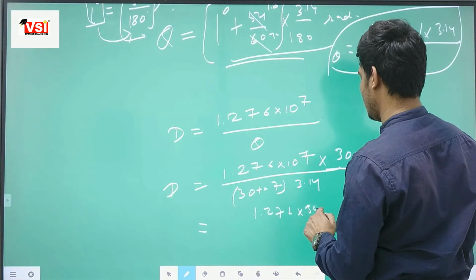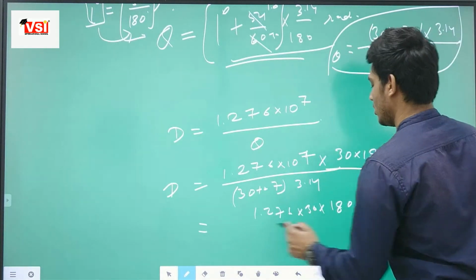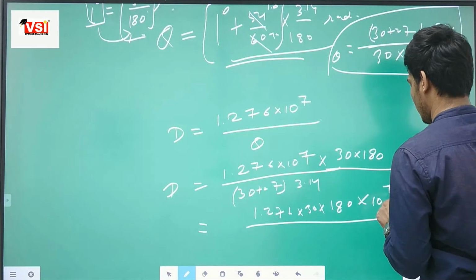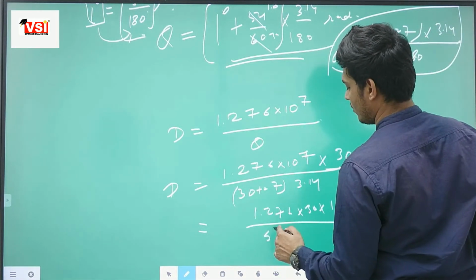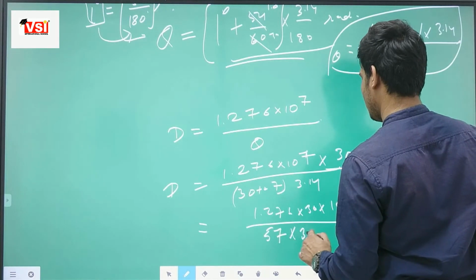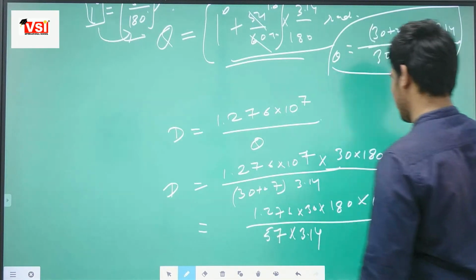So D is equal to 1.276 into 30 into 180 into 10 to the power 7 divided by 57 into 3.14.